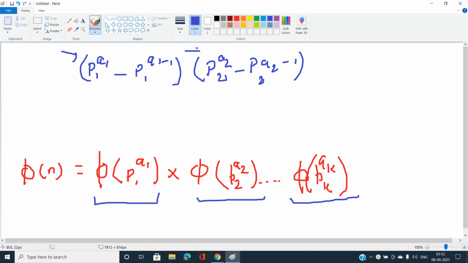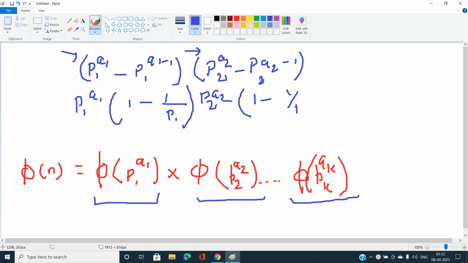If I do this, it is p1 power a1 into 1 minus 1 upon p1. Again, if I take p2 power a2 common from the second term, I have 1 minus 1 upon p2.